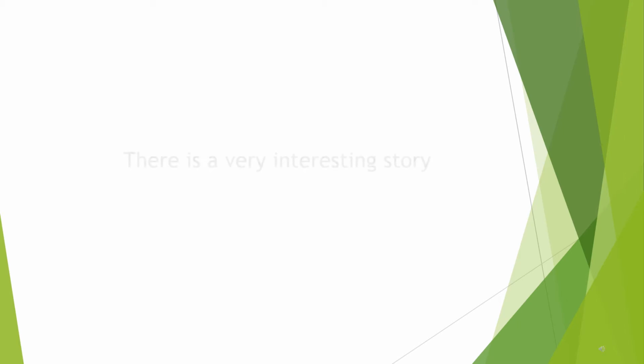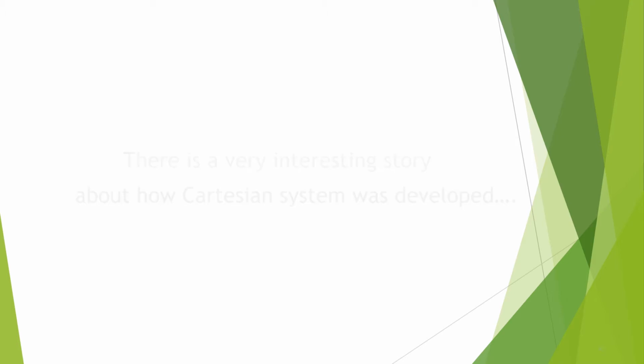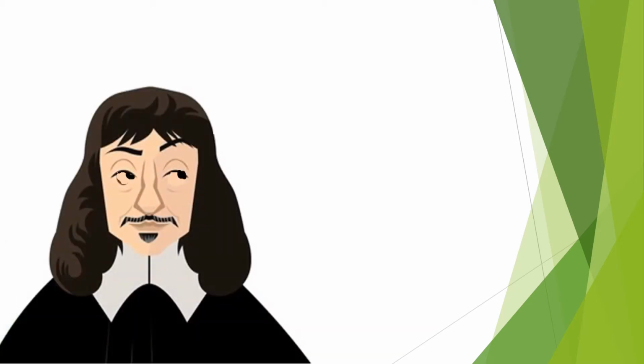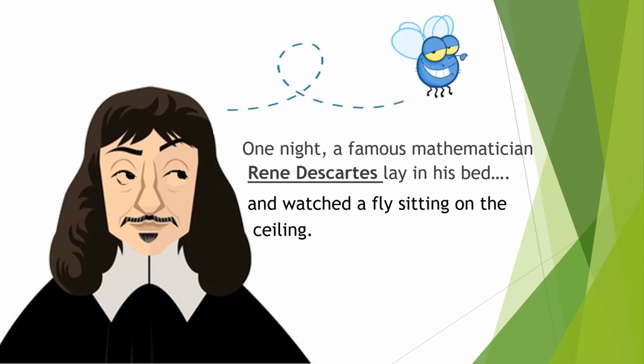Do you know that there is a very interesting story about how the very famous Cartesian system was developed? Let us see. One night, a famous mathematician, René Descartes, lay in his bed and watched a fly sitting on the ceiling.